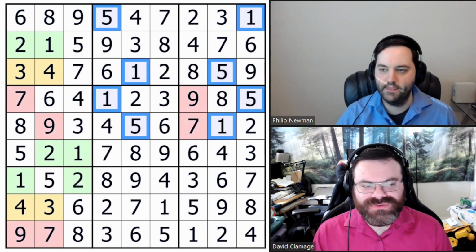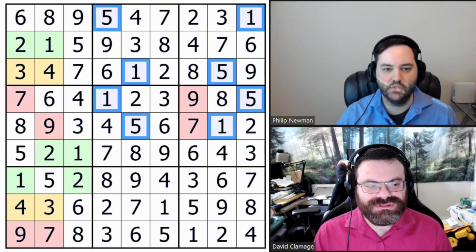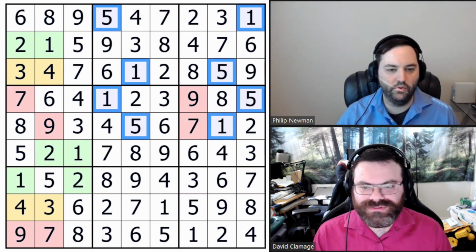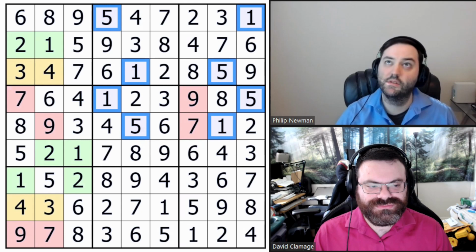Am I right to say that with a 2-value pattern like this, it's always going to be the same, like the number of rows, number of columns, and number of boxes occupied will be the same number? Yes. Yeah, for 2 digits. And it's going to be the number of cells divided by 2. Yeah, I guess for any number of digits. That's probably not true.